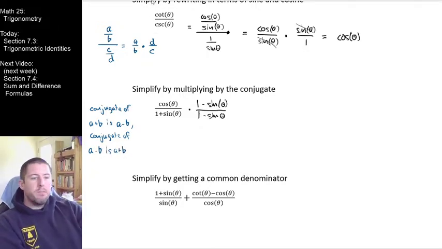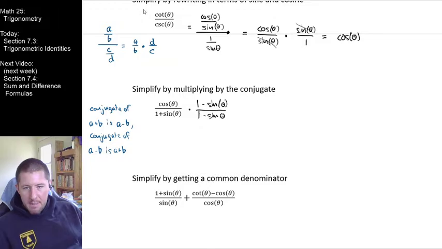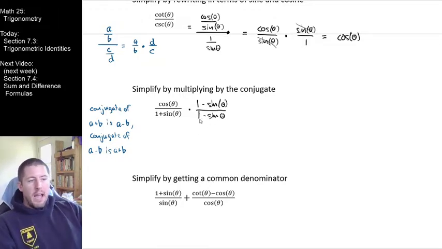A conjugate just means for any sum or difference, you swap the sign that's in between the two. The conjugate of a plus b is a minus b. The conjugate of a minus b is a plus b. Notice that I have multiplied by a number that is just equal to 1, a fraction where the numerator is equal to the denominator.